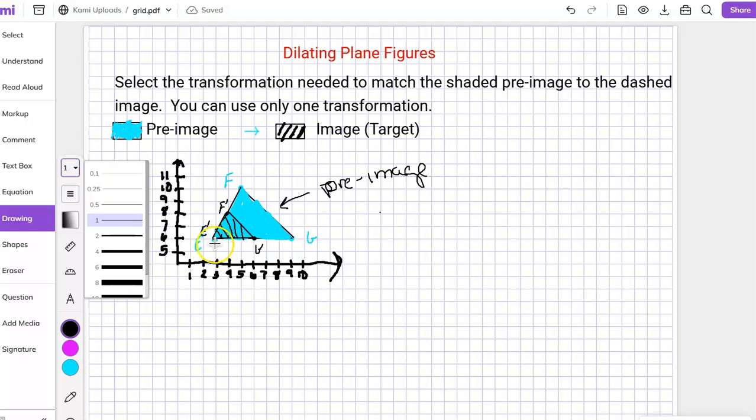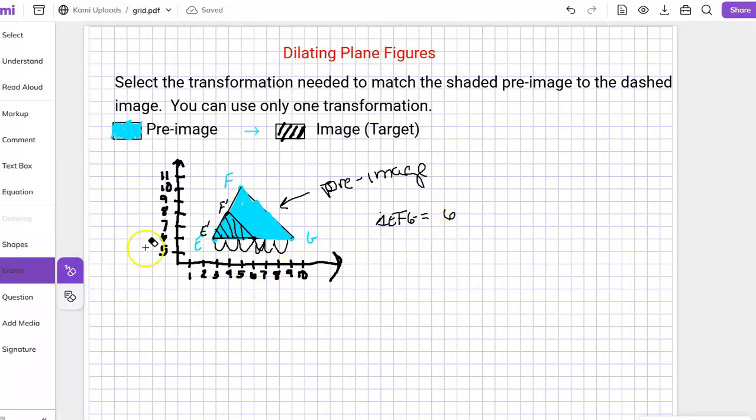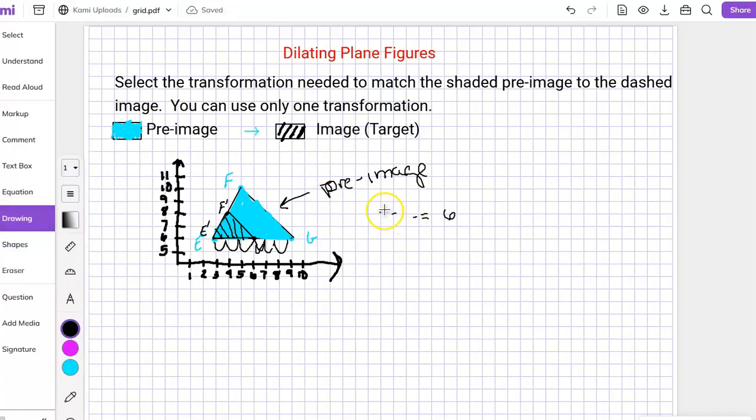So I know from my large one it is 1, 2, 3, 4, 5, 6. So I know that triangle EFG, actually, it's not going to be the triangle. It's that side. So side EG is 6.